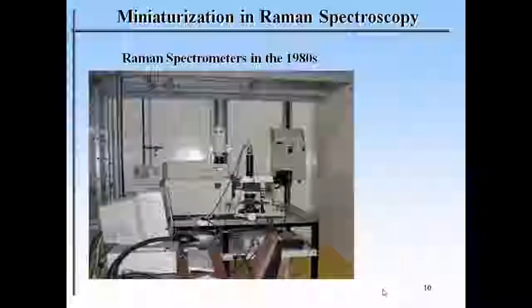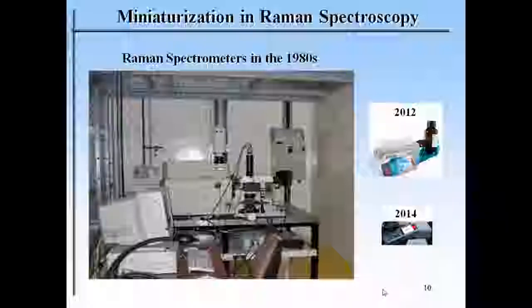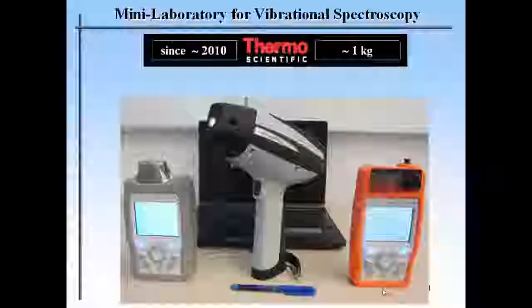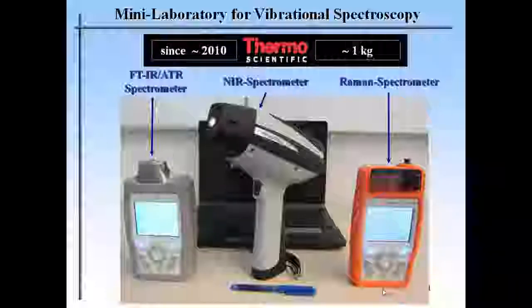This is the Raman spectrometer. And these are handheld Raman spectrometers today. And this is an instrument which just came out a couple of months ago. So nowadays you can put a mini laboratory for vibrational spectroscopy on a small table.